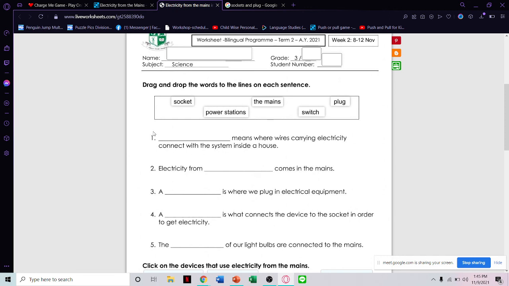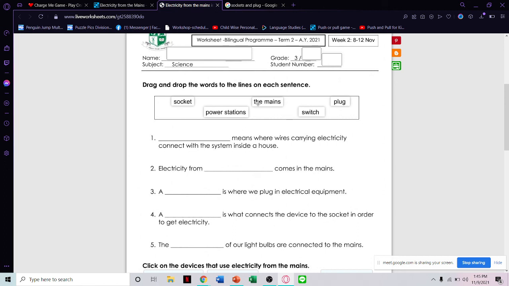Number 1, blank means where wires carrying electricity connect with the system inside a house. What kind of electricity is that?